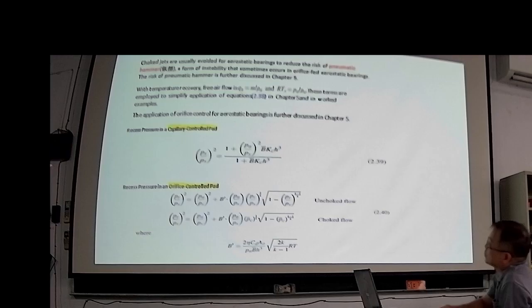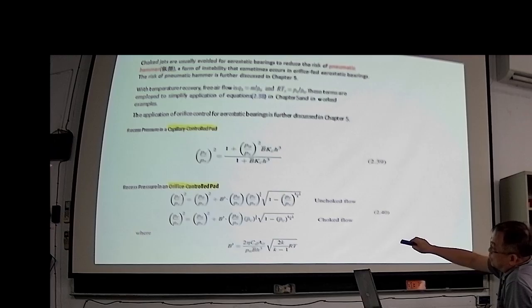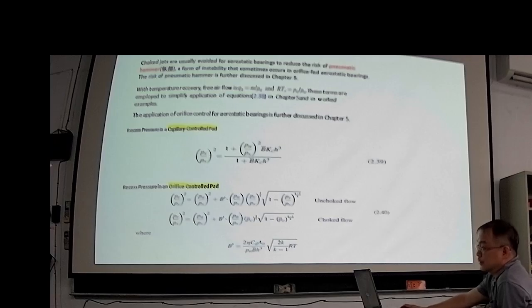So we have a rate expression PR for the capillary restrictor. And you have a PR, the orifice restrictor.